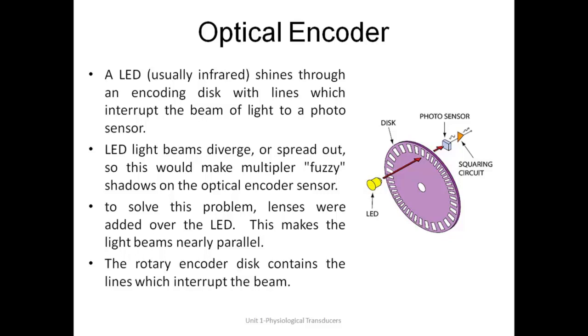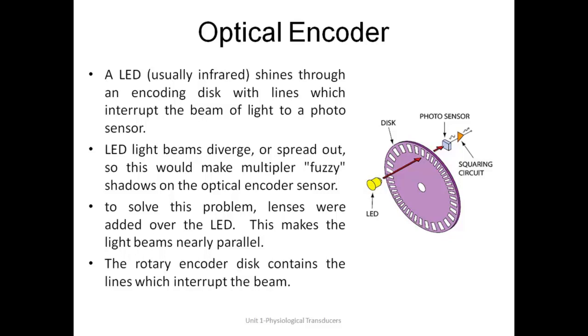When there is a vacant slot coming in front of the LED, the light passes through, strikes the photo sensor, and the photo sensor generates an electric signal. The very next moment, there is a black or opaque slot coming in front of the LED, which blocks the light from reaching the photosensor.